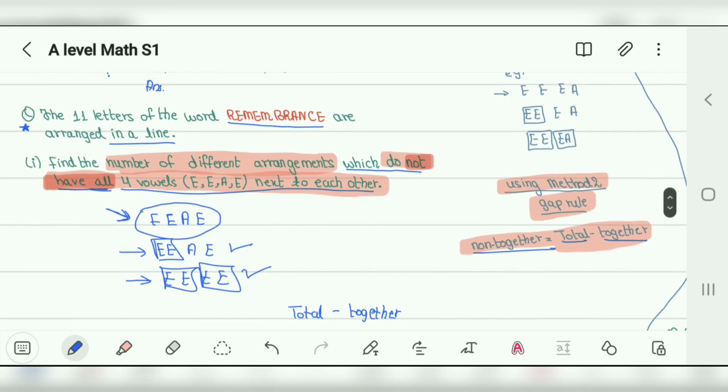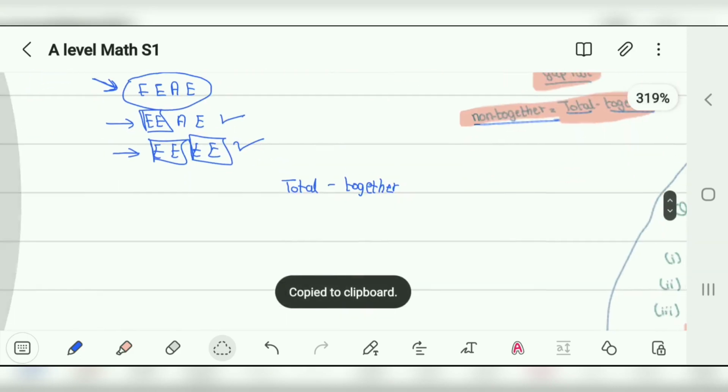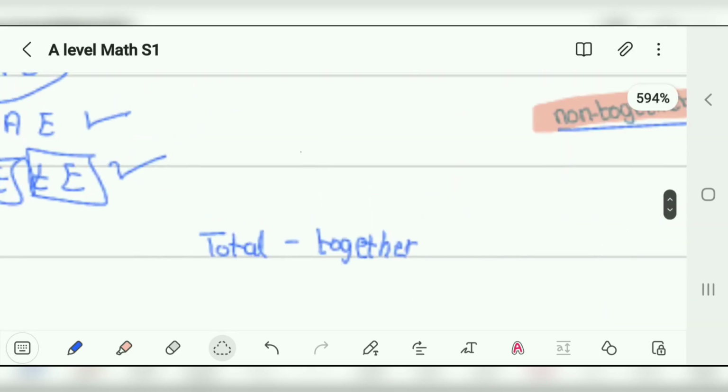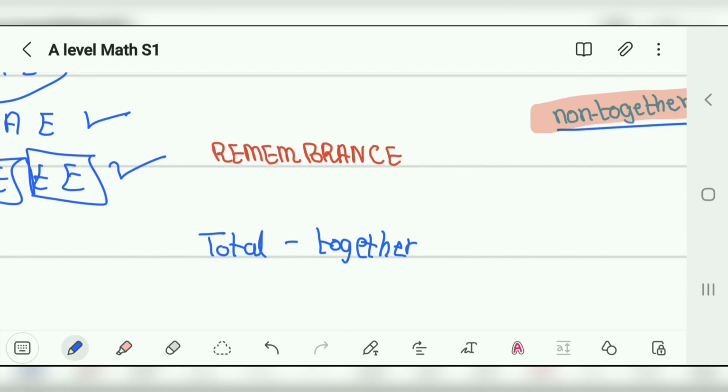So, total: 11 letters. Let me just take it out. So E, E, and E, and M, and R, and that's it.